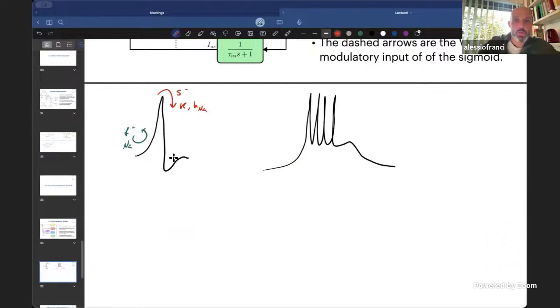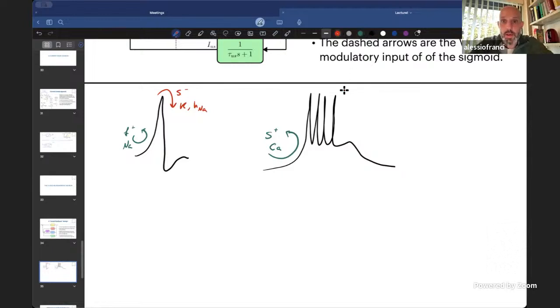And then if you want to generate multiple time scale spikes, here a burst, then you need sources of positive and negative feedback, but at a slower time scale. And so burst initiation, which corresponds to a slow positive feedback phenomenon, is implemented by calcium current mostly.